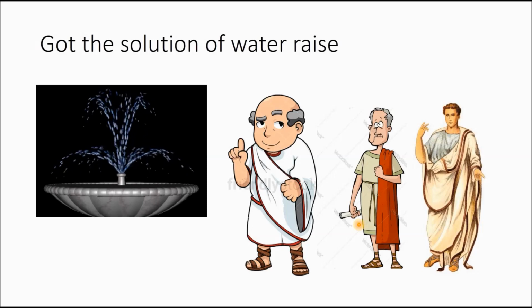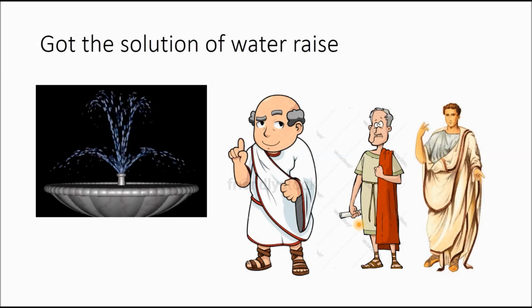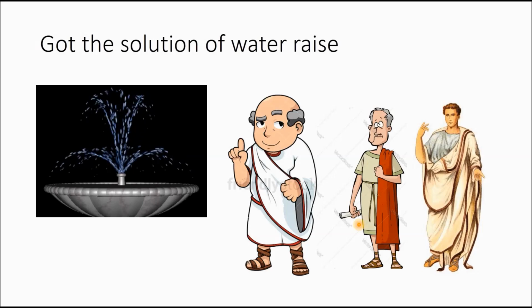If you want to make more height, then you have to raise the tank height, or you can keep the tank on a higher floor instead of the ground floor. If you put the tank on the ground floor and you are making the fountain, I think only 10.1 meters can be reached. If you want it to rise more, you can take the tank to an upper level. That is how they got the solution.